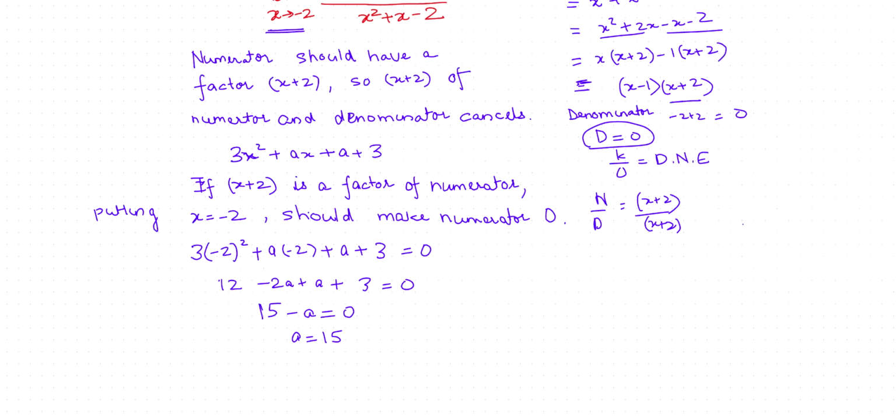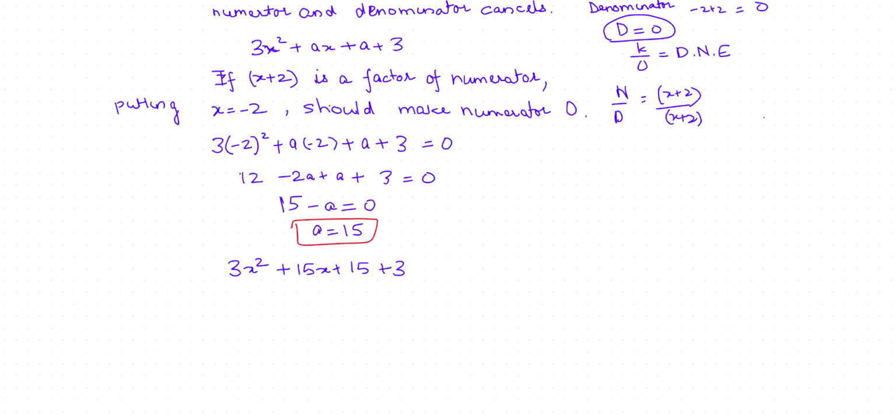If we put a equal to 15, the numerator would give us 0 when x is equal to negative 2. So let's substitute a equal to 15 now. We have put a equal to 15 in the numerator, so let's find the limit now.